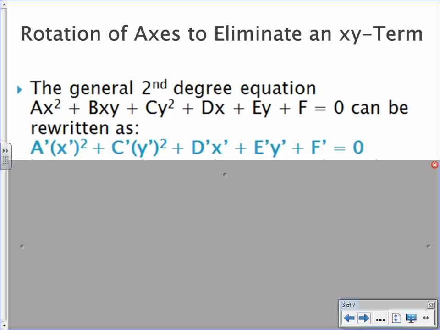By doing that, we're going to eliminate the xy term. So we have an equation that we're used to seeing, like on yesterday's quiz. So we're taking our equation and we're going to define our variables, which I'll show you how to do here in a little bit. But we're going to write our equation in terms of x primes and y primes.